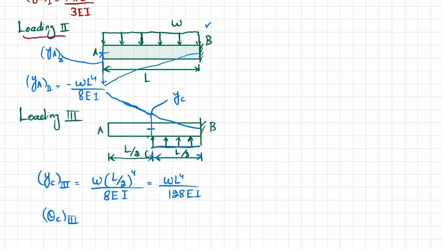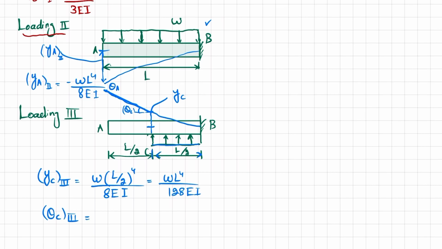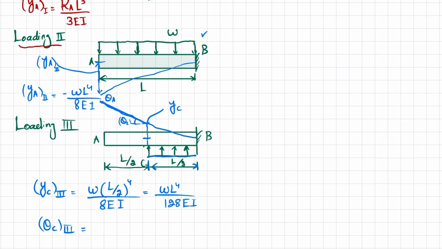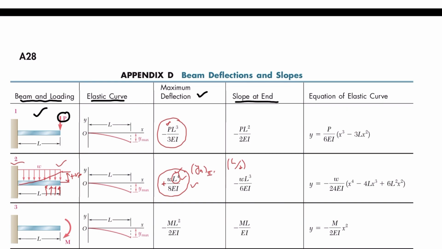Now we will also find theta C for this loading 3, and this theta C is this angle. Same will be the theta A because this will be a straight line. Clear? So theta C, from this appendix, we will choose that, this will be your theta C, but this will be positive, and L is replaced by L by 2.